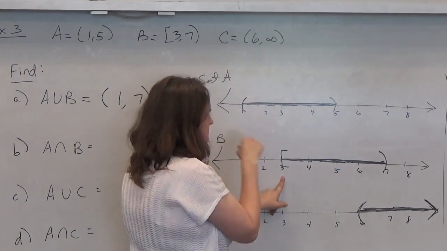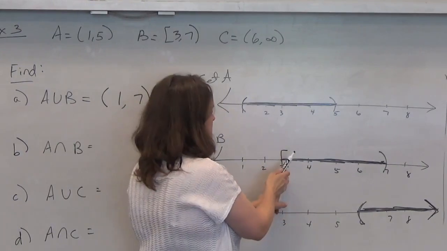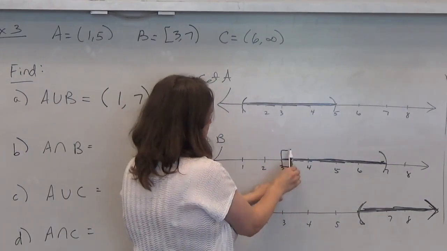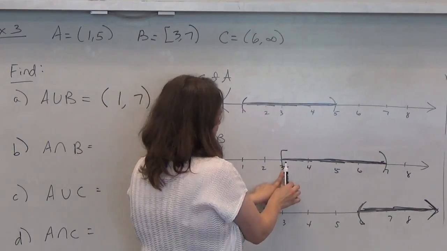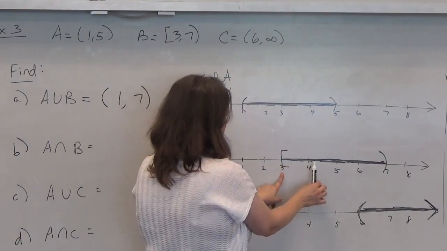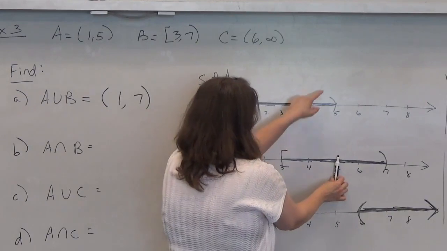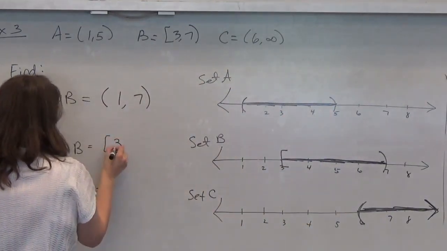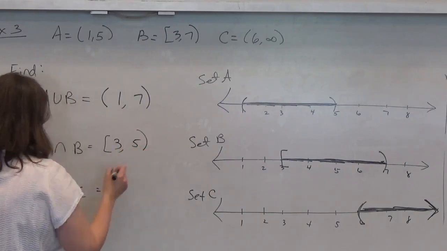For our interval notation, our symbols will match the symbols that we are seeing here. So starting from 3 with a square bracket, the two sets intersect all the way up until we get to 5 with the round parenthesis. So our interval is square bracket 3, comma 5 parenthesis.